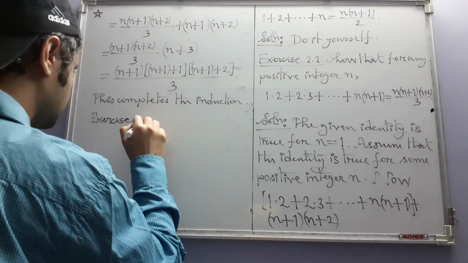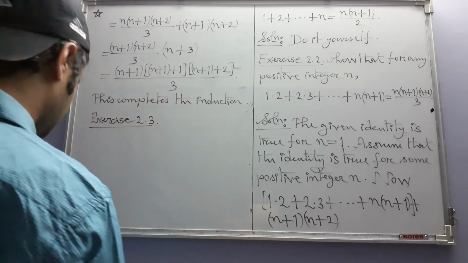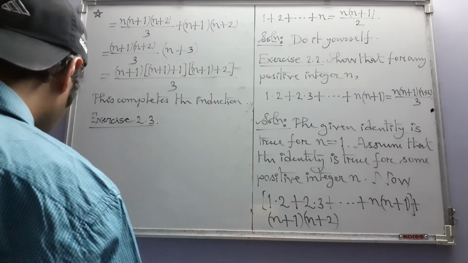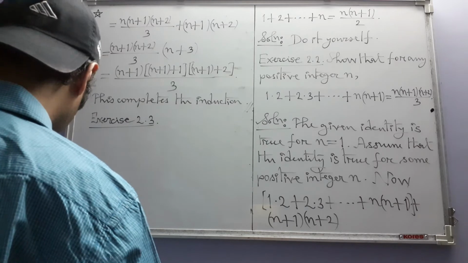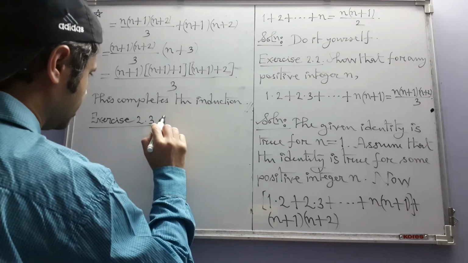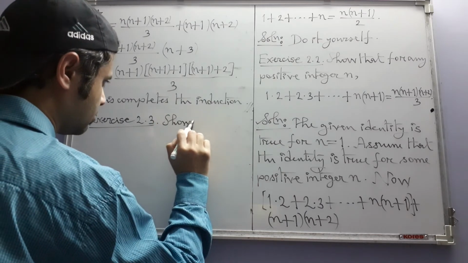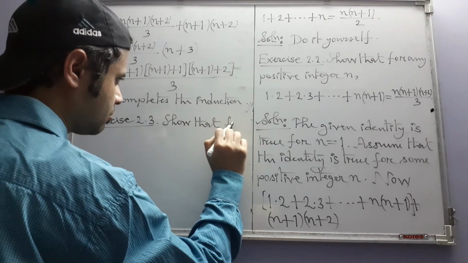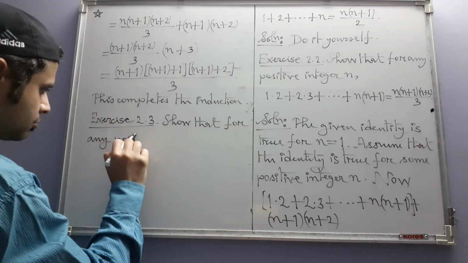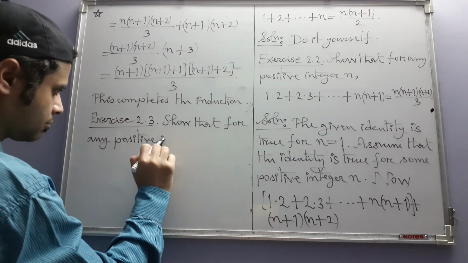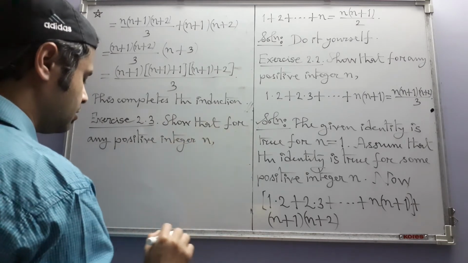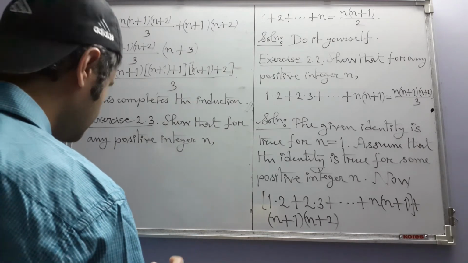The next exercise 2.3, that is the third exercise in the second chapter. Show that for any positive integer n, the following identities hold.